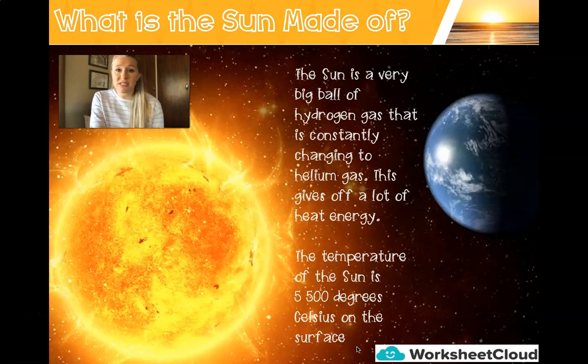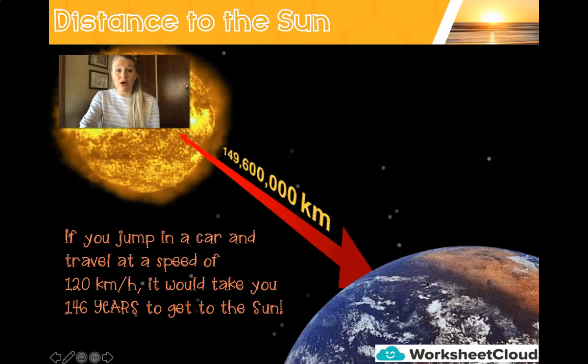We experience 30 odd degrees and it gets really hot. The surface of the sun is 5,500 degrees Celsius. Very, very hot.